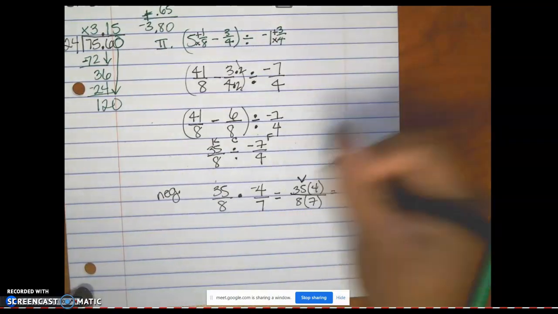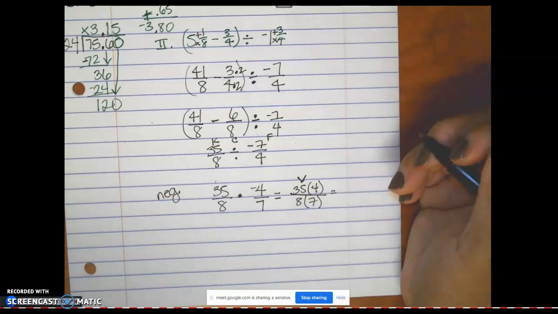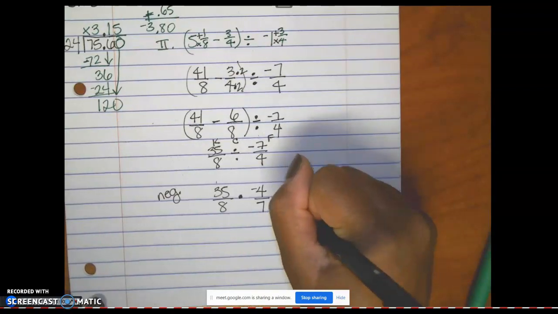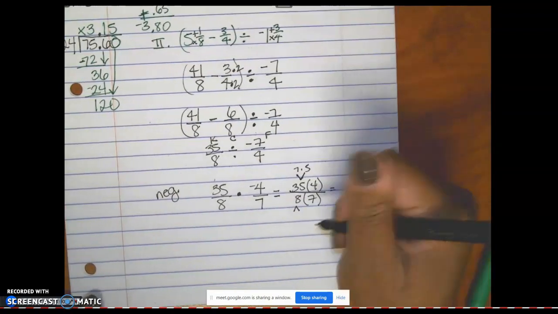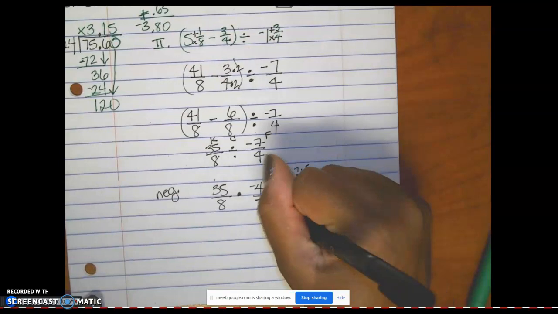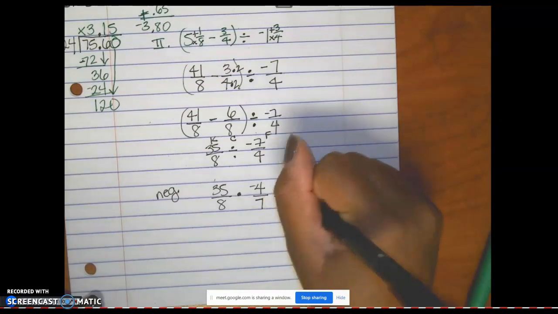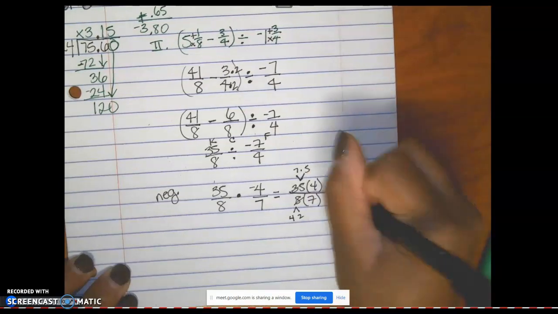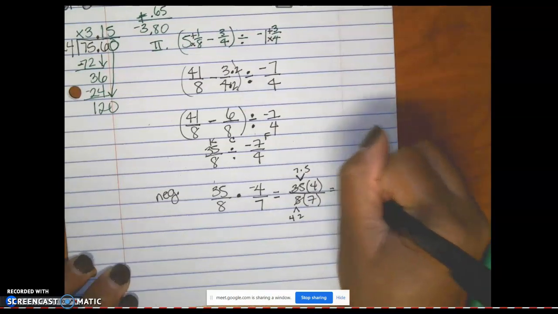What times what gives me 35? 7 times 5. And what times what gives me 8? 4 and 2. So these are now gone. So now I have 7 times 5 times 4 over 4 times 2 times 7.